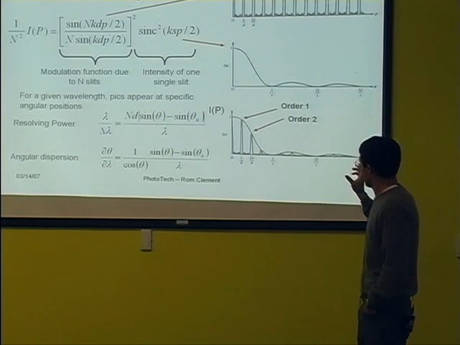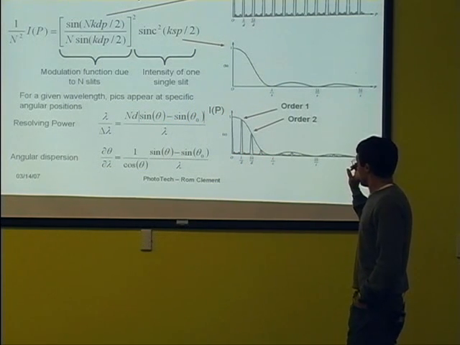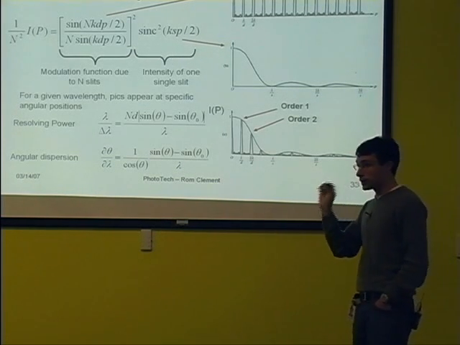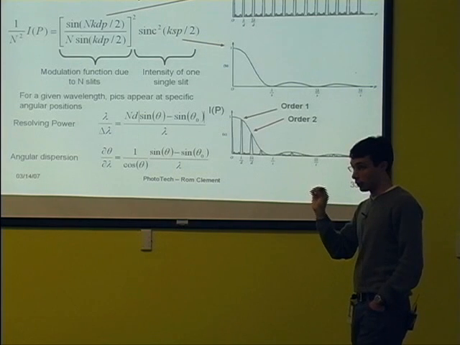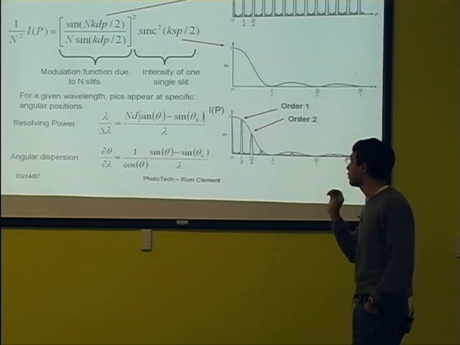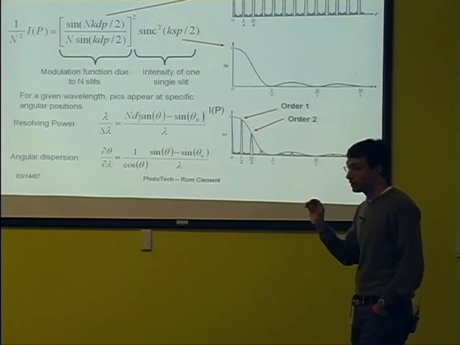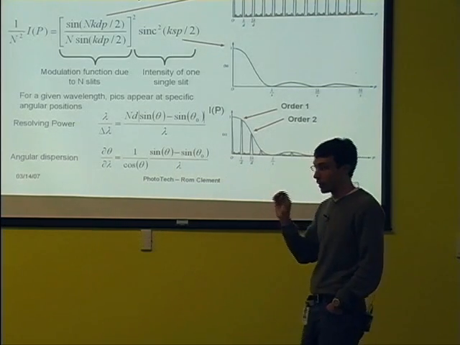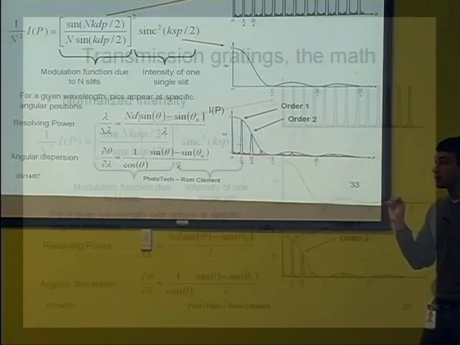So what's very important here is that at a very precise angle, lambda over d, I know that I'm looking at a specific wavelength, or at a very well-known wavelength.